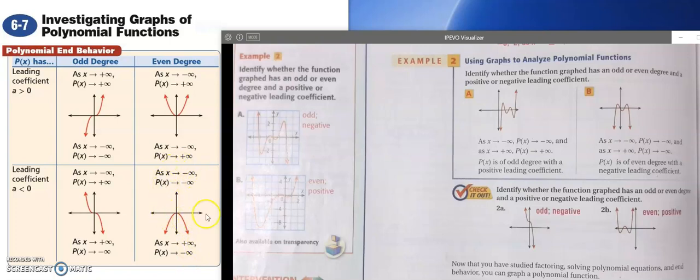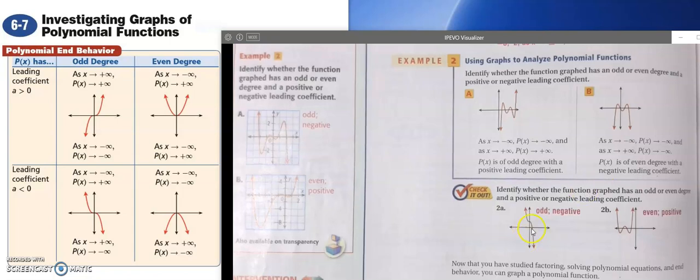So I'm going to be looking in this bottom right square here. Therefore, because I'm in the bottom right square, my leading coefficient is what? Negative. It's less than 0. And I'm in the column of what? An even degree. So p of x is of even degree with a negative leading coefficient. So easy, you guys. We're just looking at the chart.